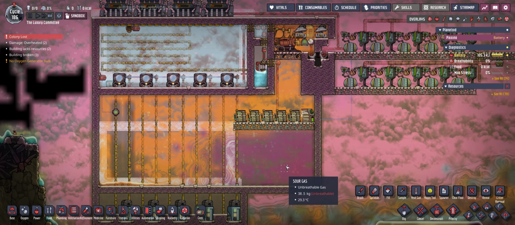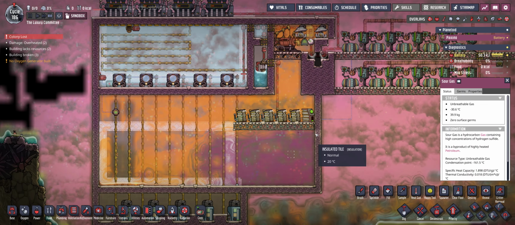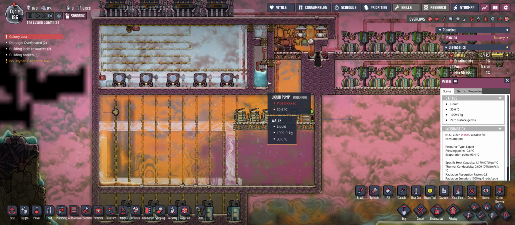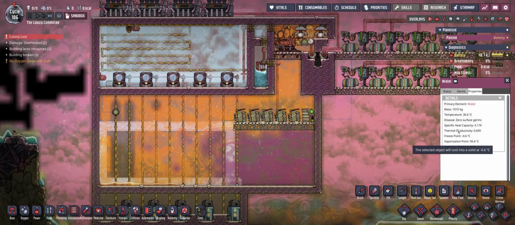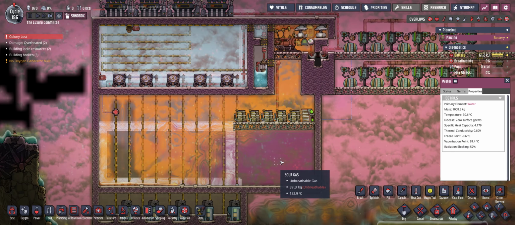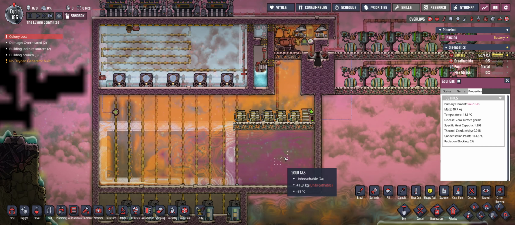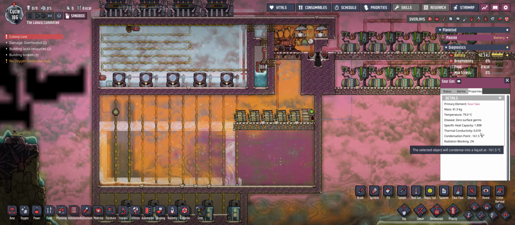So, and why is this actually working? I made some theory crafting on that, and that is because of the different specific heat capacities of water and sour gas. As I've already mentioned, the conversion rate is 3.3, meaning 1 kilogram of water will turn into 3.3 kilograms of sour gas.